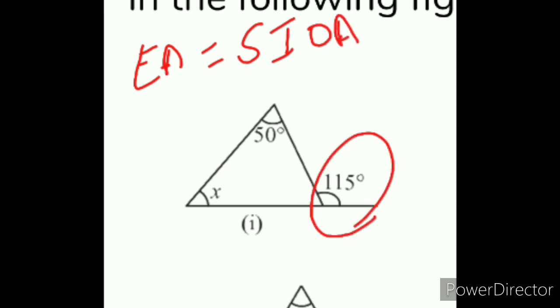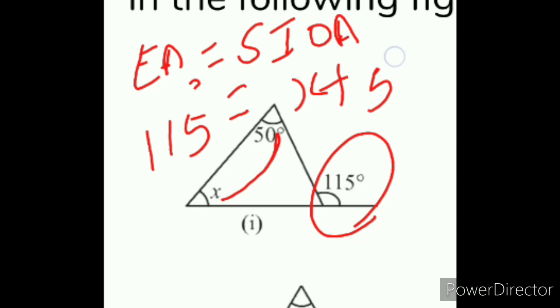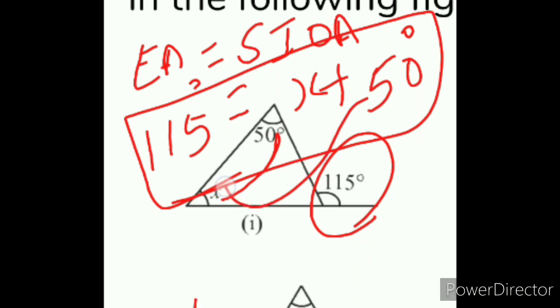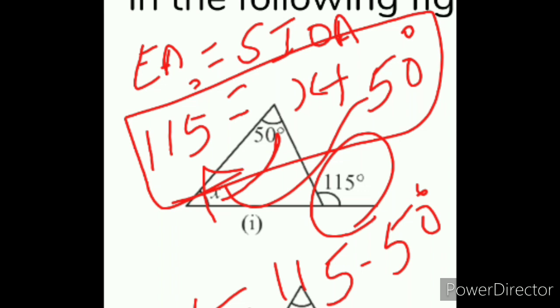How much is the exterior angle here? 115 degrees is equal to the sum of these two, that is x plus 50 degrees. Understand? Yeah, it is one linear equation. We know how to solve linear equations, right? To get the x value, you subtract, that is 115 minus 50. You will get the x value.